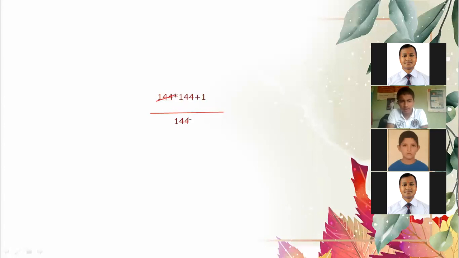We can't cancel out in case there is a plus sign or a negative sign. Here a plus sign is visible. Or if there is a negative sign, we can't cancel out. But if there is a multiplication sign in place of this plus, then we can cancel out.